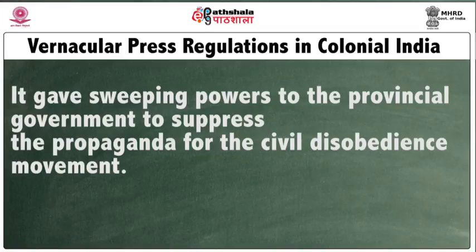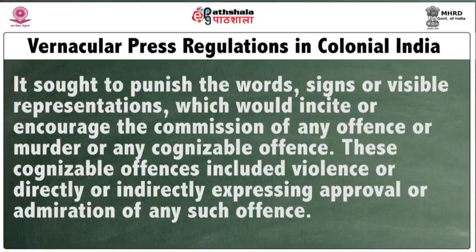It gave sweeping powers to the provincial government to suppress the propaganda for the civil disobedience movement. It sought to punish the words, signs, or visible representations which would incite or encourage the commission of any offense of murder or any cognizable offense.